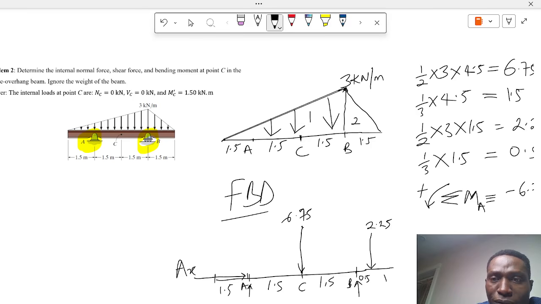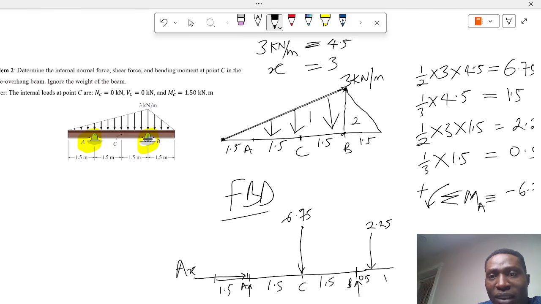If the force 3 kilonewtons per meter is acting on 4.5, that is from the end to point B, what force X acts at point C, which is 3?